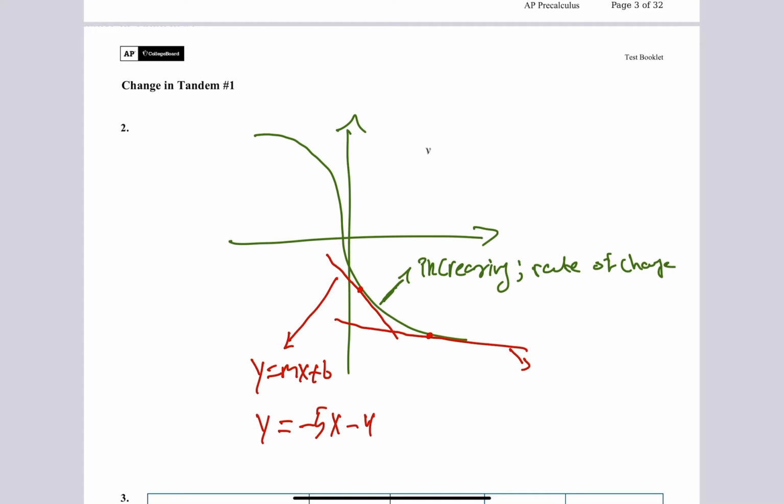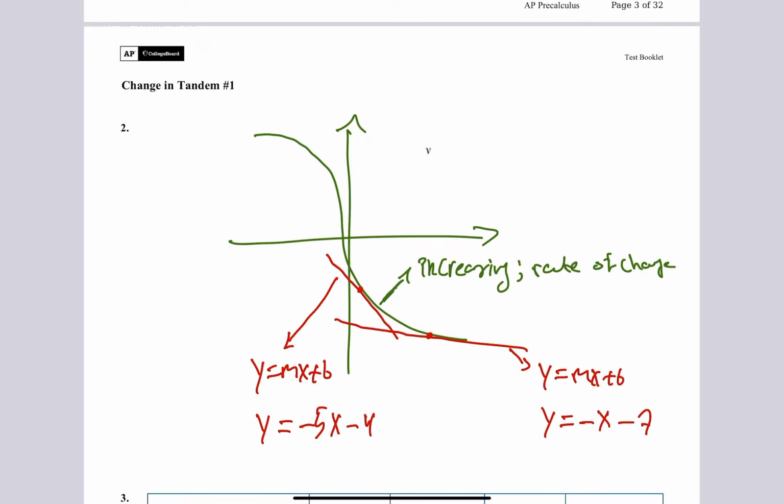And you see this line? It also is a straight line, right? And it also has a slope. And guess what? The slope of this line is actually closer to 0, which might be like, let's say, negative x minus 7.